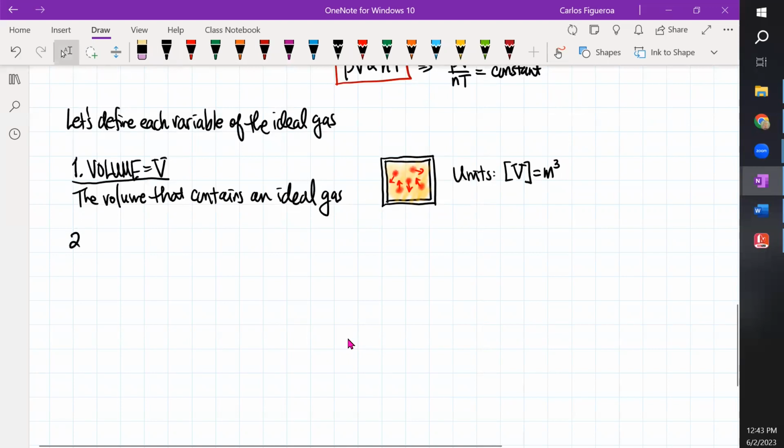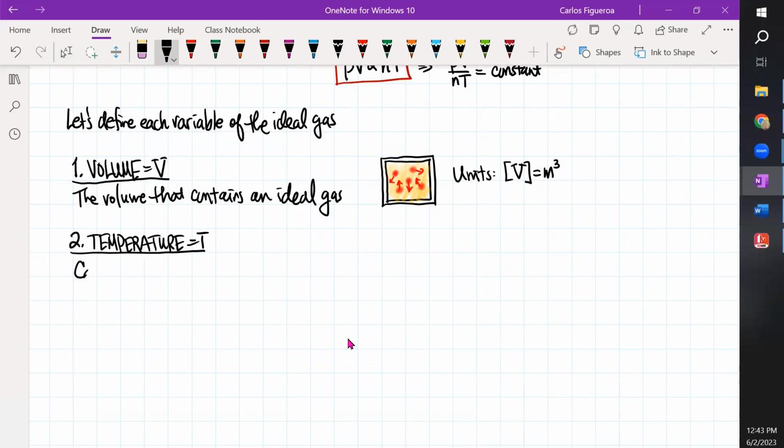The second easiest thing to define is the temperature. It turns out that of all of the state variables, temperature is by far the trickiest.